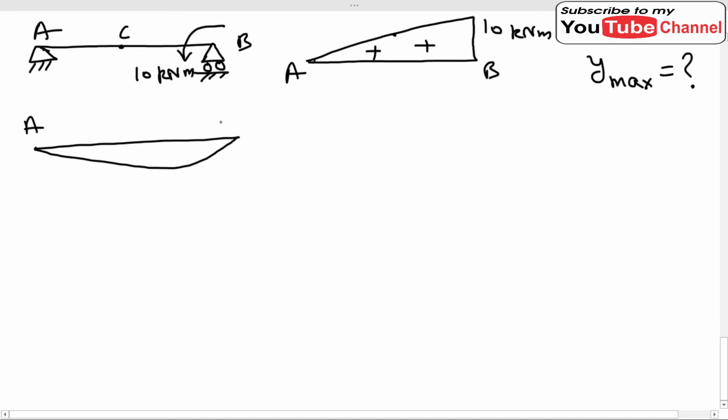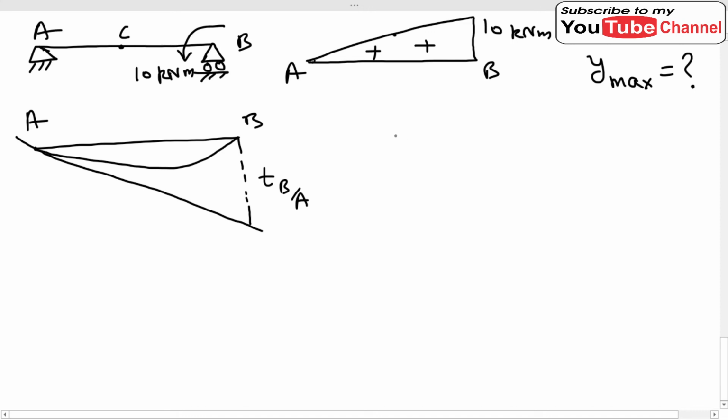Now this is A and this is B, and let us draw the tangent at A. So let's say that this is the tangent at A, and as we know that this is TB over A. Now the important thing which we have to understand here is that first of all we have to find out the point where the deflection is maximum.